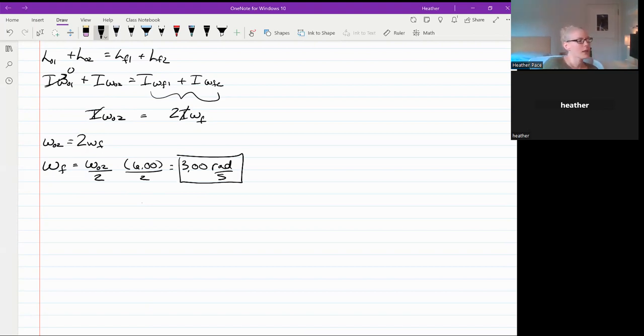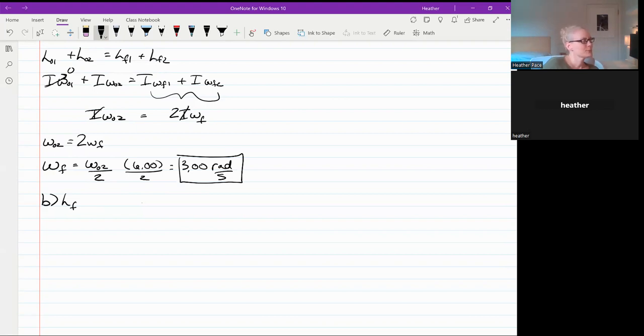So then scrolling down to B. B says, if a third disk is dropped onto the first two, find the final angular speed of the system. Okay, so we are looking for this real final instead of the pre-final.